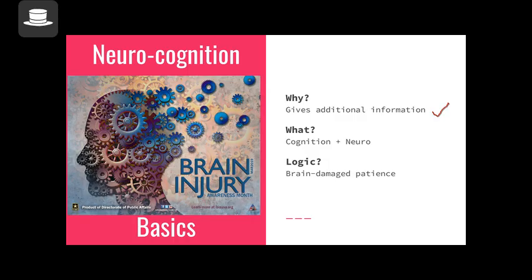Now, we're going to talk about some basic logic of neurocognition by looking at some commonly used reasoning to make inferences about mental processes based specifically on brain damaged patients, either because of an accident or because of an illness.